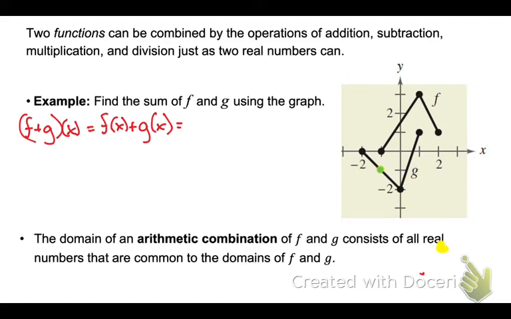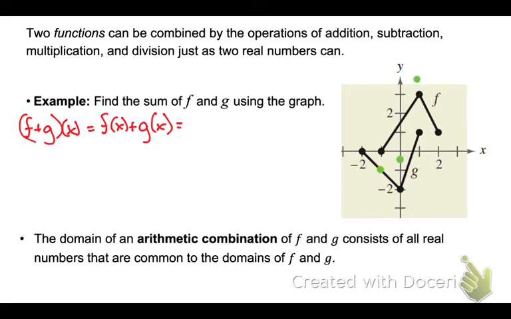Okay, so then at 0, I've got 1.5 on f, yes? And I got -2 for g. So what is -2 plus 1/2? -1/2. Okay, at 1, g's 1 and f is 3, so 1 plus 3 is 4.